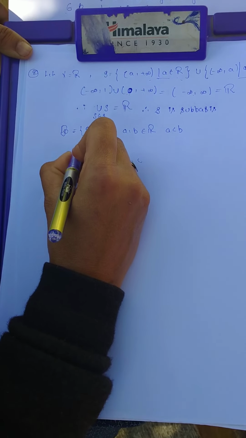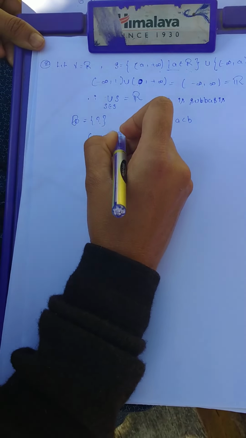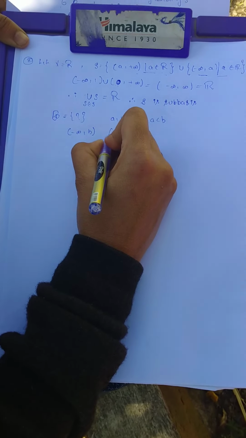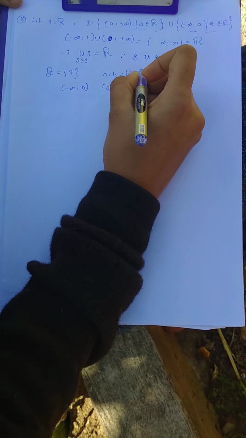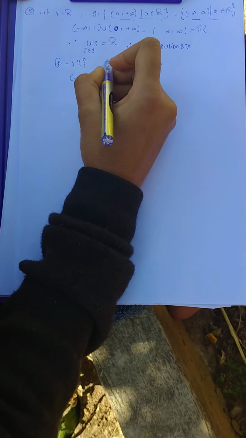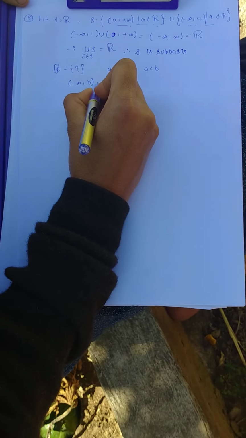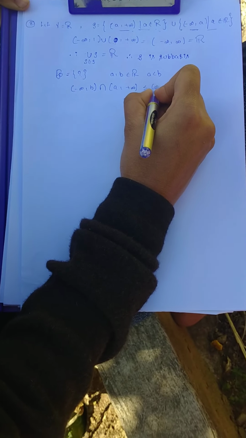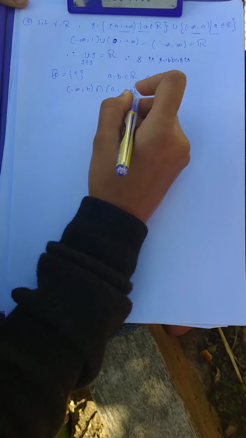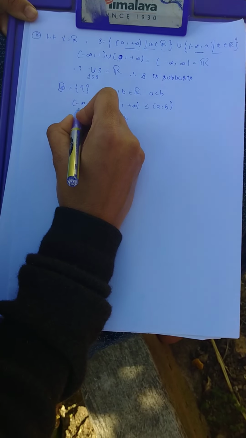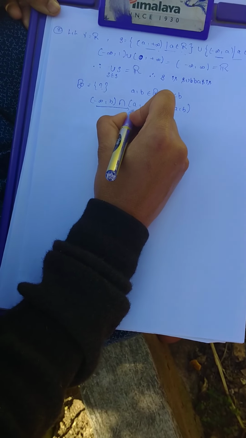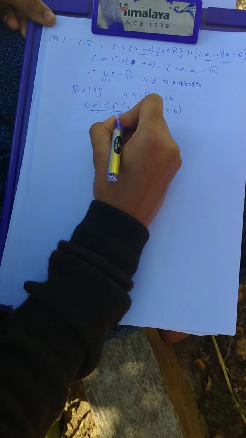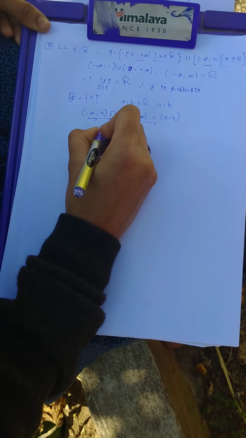I consider (-infinity, b), an element of this type, and (a, +infinity), an element of this type. I will take their intersection. Don't we get (a, b)?